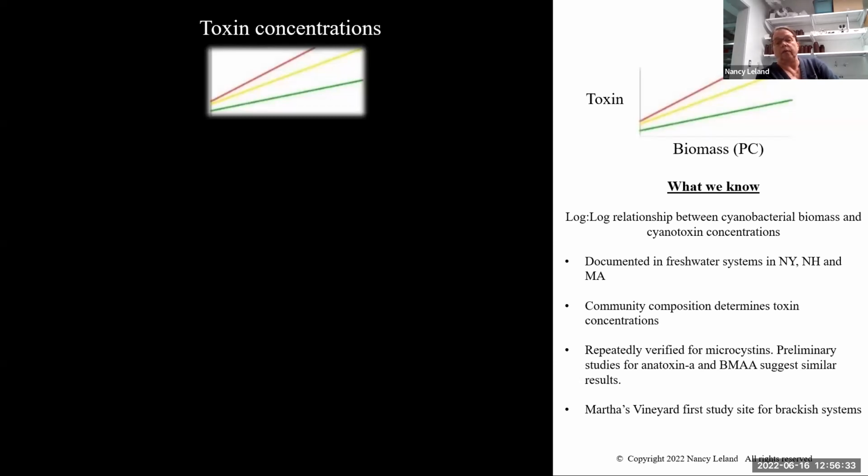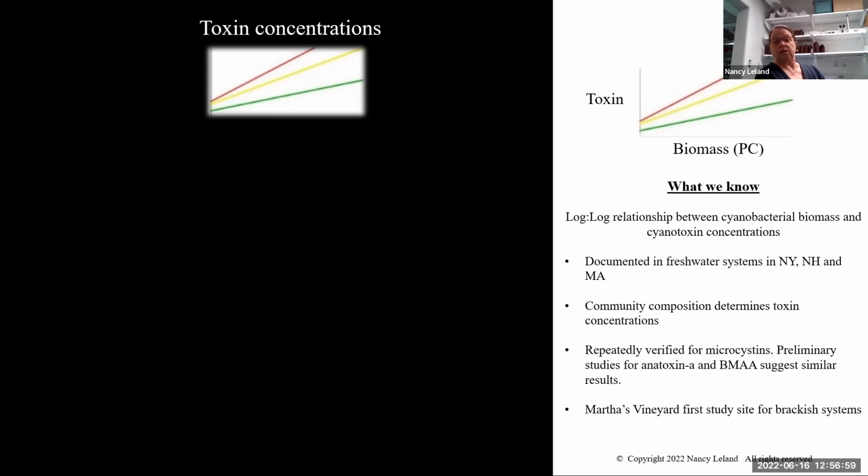What we know already is that we do see a correlation between the amount of biomass, as measured by the phycocyanin, and different toxin concentrations. We've been able to establish and document that in freshwater systems for the past 6 years in New York, New Hampshire, and Massachusetts.